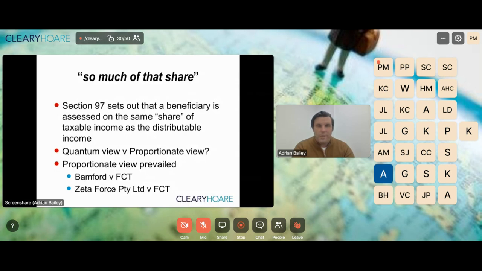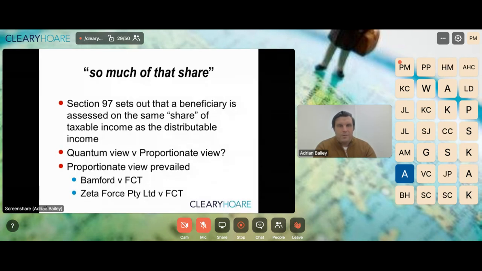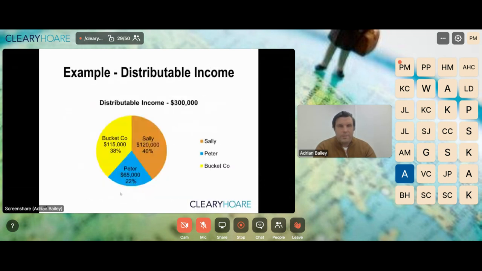Up until Bamford's case, there was often debate about whether it goes out in accordance with a quantum view or a proportionate view. Probably the best way to describe that would be to come back to this slide here. Under a quantum view, if we had a later amendment which increased the income, Bucket, Sally and Peter would still only receive 120,000, 115,000, 65,000.